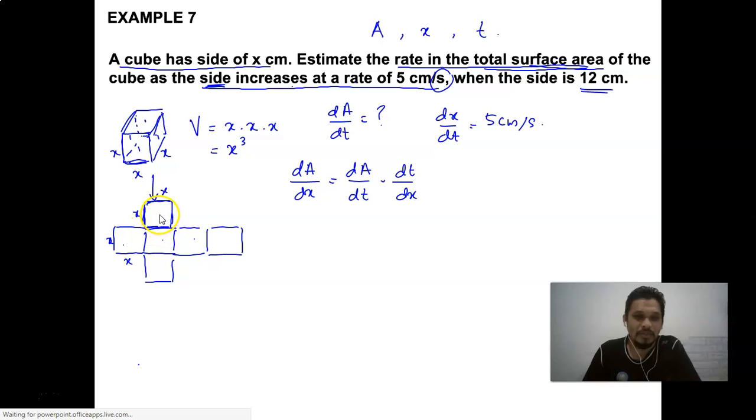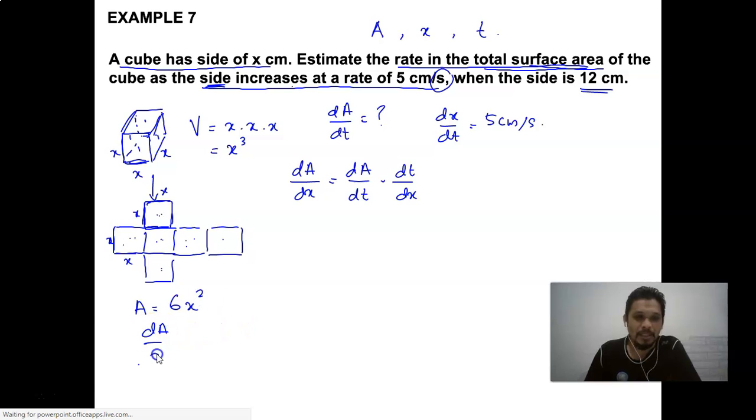Okay, so how many surfaces do we have? 1, 2, 3, 4, 5, and 6. So A equal to 6 times, because there are 6 surfaces here, 1, 2, 3, 4, 5, 6, and every surface we calculate as x multiplied with x, so 6x squared.